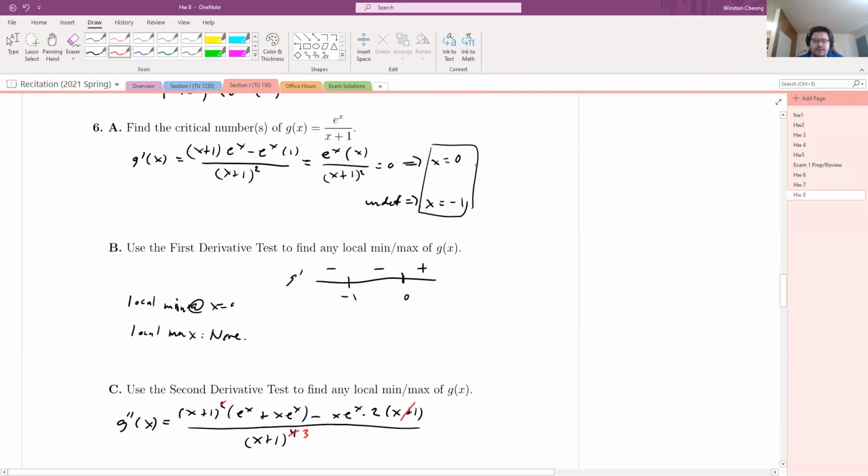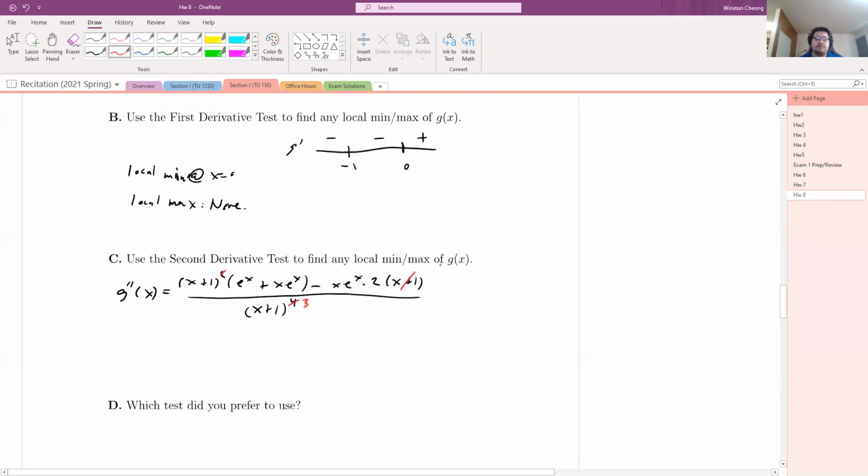So the only critical number that we can use is x equals 0. We would plug that value into the second derivative. Second derivative test requires us to plug into the second derivative. So we could plug into the second derivative at this stage. It's just going to be a little messy. I guess you could do that though.